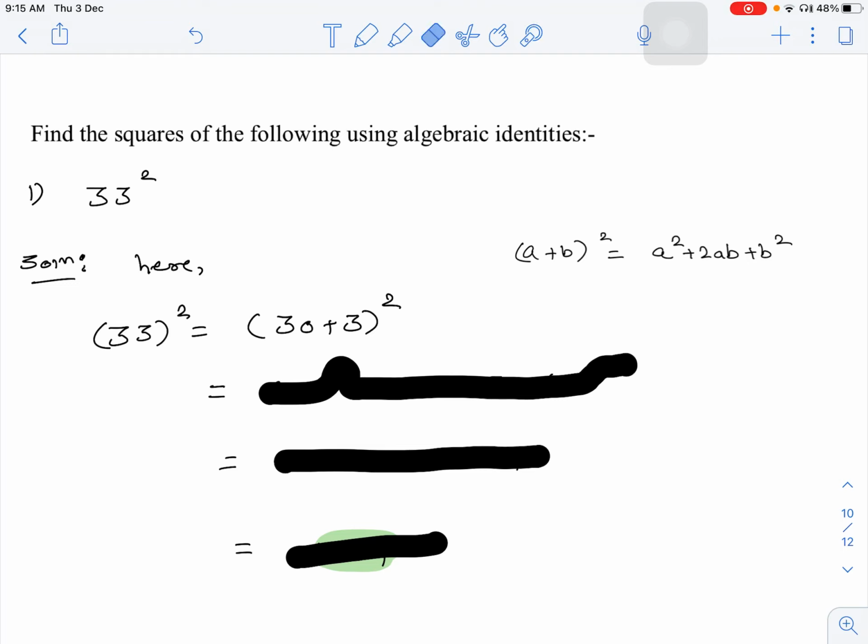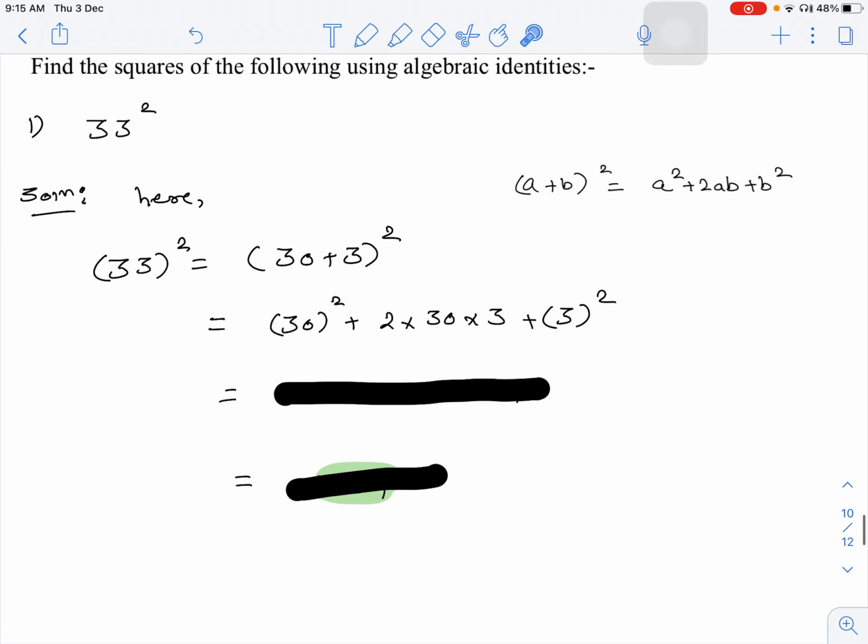Here 30 is our first term, 3 is our second term. So we can write it as 30 square plus 2 into 30 into 3 plus 3 square.